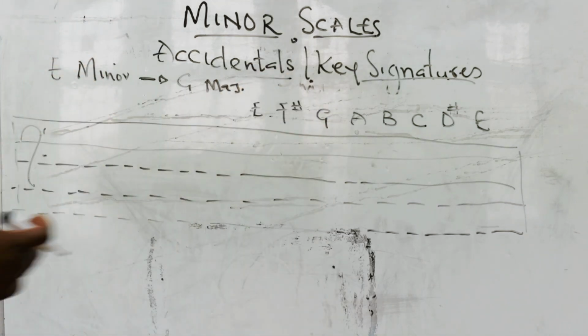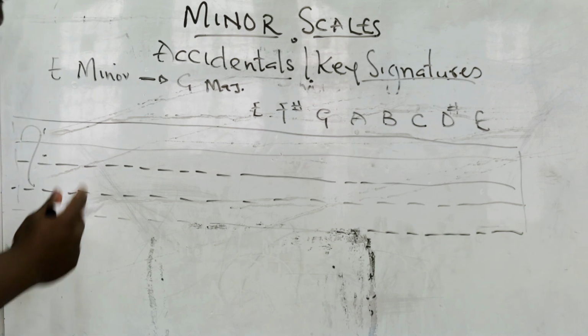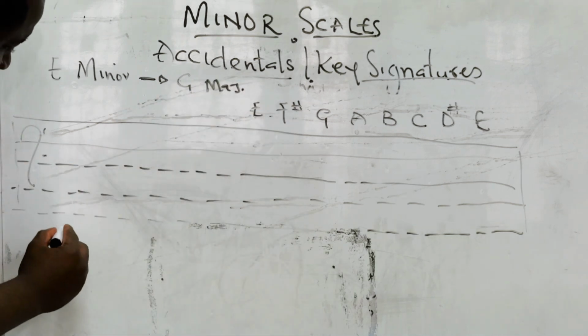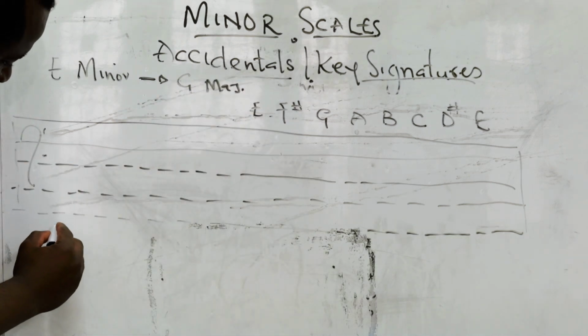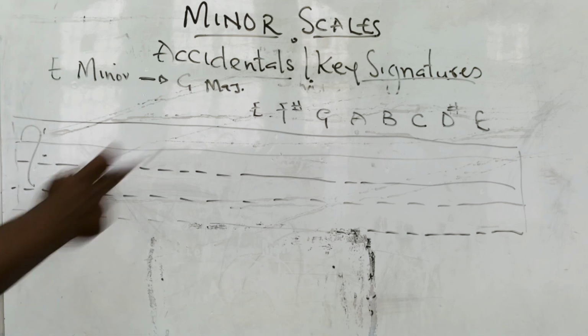Already, if you use the same intervallic structure, tone, semitone, tone, tone, semitone, then maybe 3 semitones, you get to the end, but let's use what we've done now. So this is E, alright?